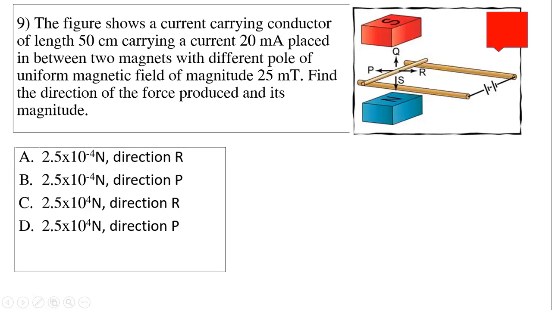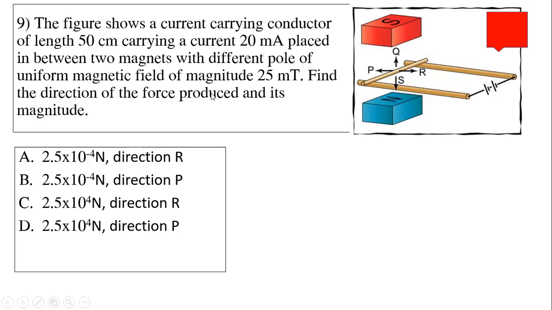This one also got problem. You know why? Supposed to be your SPM work. The figure shows a current carrying conductor of length 50 cm carrying a current of 20 milliampere placed in between the two magnets with different poles of uniform field of magnitude 25 millitesla.